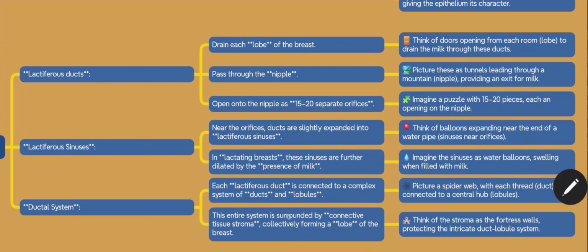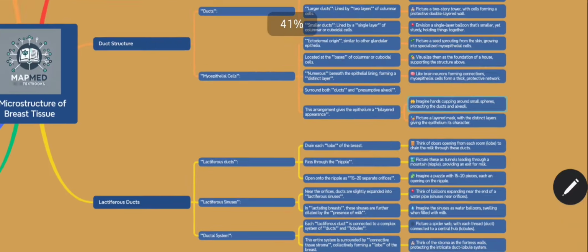It's like a spider web. The next point is that the entire system is surrounded by connective tissue stroma, so that forms the lobe. So that's about the lactiferous ducts.